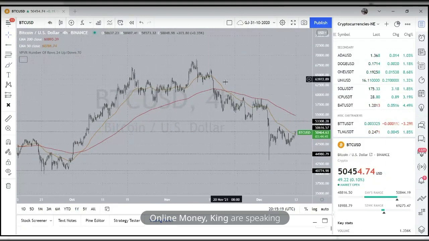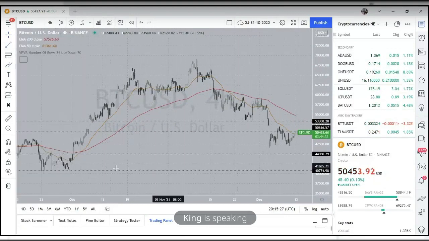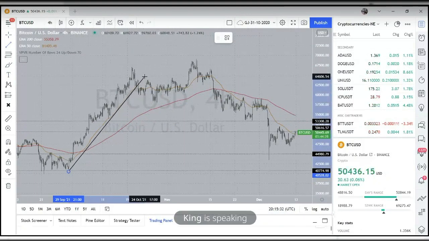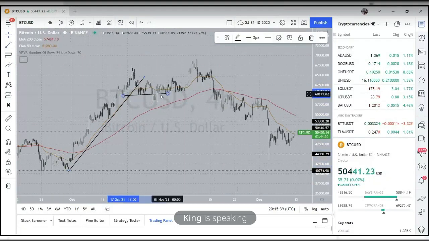I would say the best thing to do is look at market structure. I think I've said it a few times, but you want to see a trend breaking essentially. So once this low is broken, you know that there's a possibility of downside.